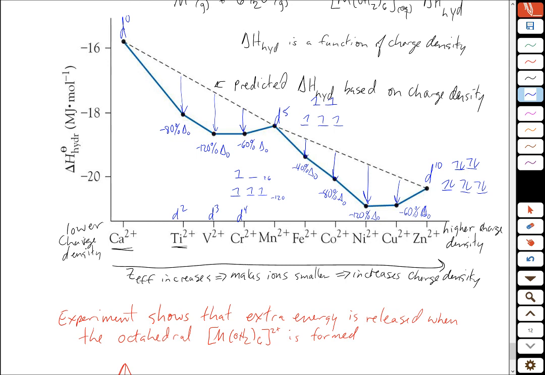That is the end of chapter 19, Introduction to Transition Metal Complexes, and that is also the last of all the new material for this class. We're not going to learn anything new for the rest of the semester, but we are going to apply what we have been learning: effective nuclear charge, charge density, lattice energy, hydration enthalpy, hard soft acid base, and while we're still talking about transition metals, we will talk about the splitting of the d orbitals.